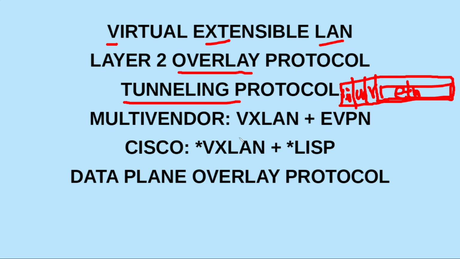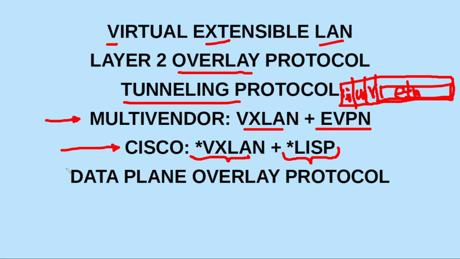In order to deploy VXLAN in your enterprise network, you will have to make a choice whether going for the multi-vendor option where you will be running VXLAN alongside multi-protocol BGP with EVPN, or you can go for the Cisco Fabric solution where you will be running a slightly modified version of VXLAN with a slightly modified version of LISP.